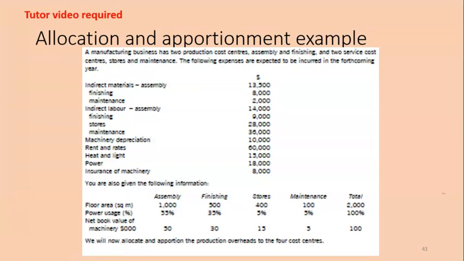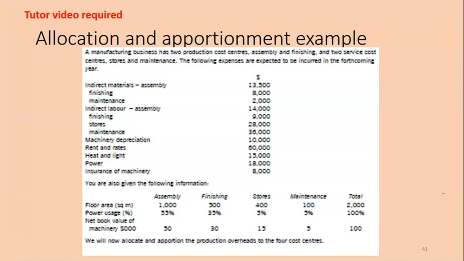A manufacturing business has 2 production cost centers, assembly and finishing, and 2 service cost centers, stores and maintenance. The following expenses are expected to be incurred in the forthcoming year.